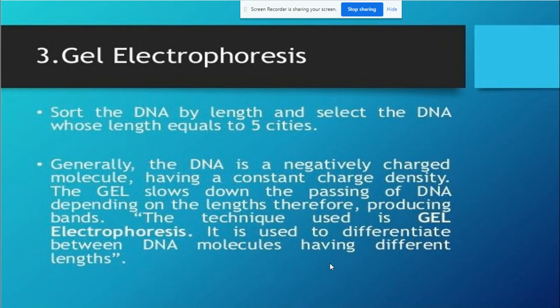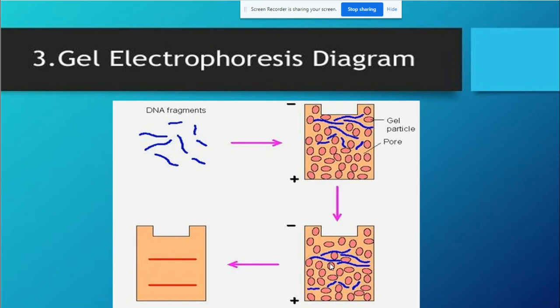Gel electrophoresis is a proper technique to make the proper DNA from the DNA strands we are creating. It is used to differentiate between DNA molecules having different lengths. So let's move forward to the next slide.